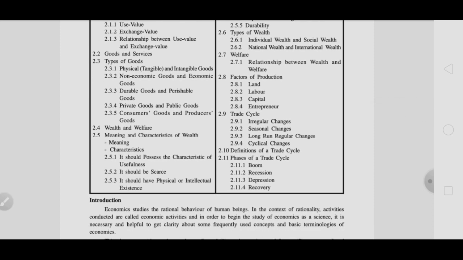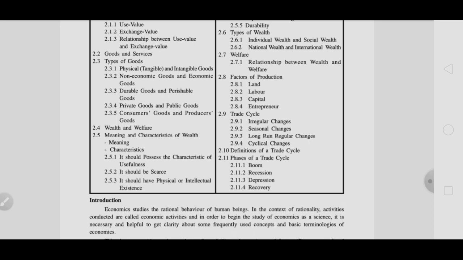I think factors of production and their introduction were already studied in standard 9th and 10th. Then we'll also discuss land, labor, capital and entrepreneur, their meaning and characteristics. Then we'll move forward to the trade cycle, its stages and importance, the definition of a trade cycle and phases of the trade cycle.